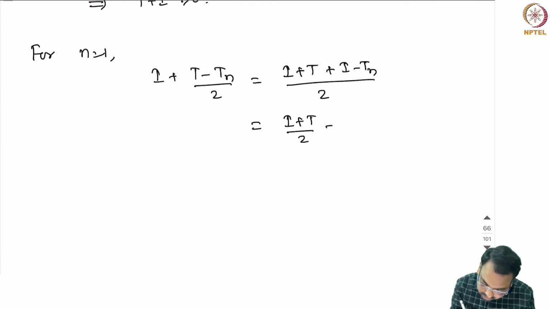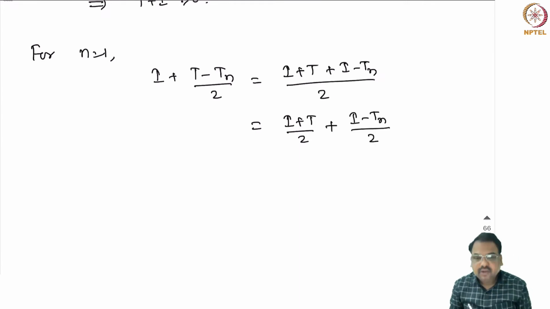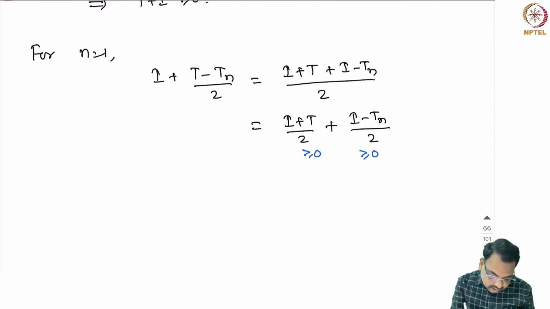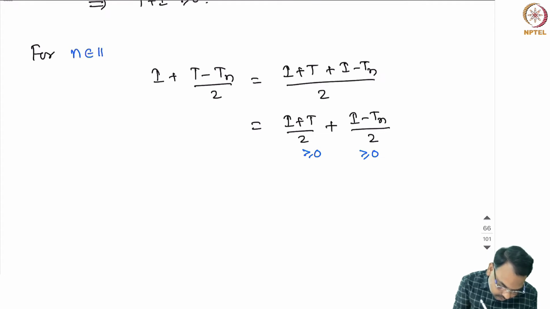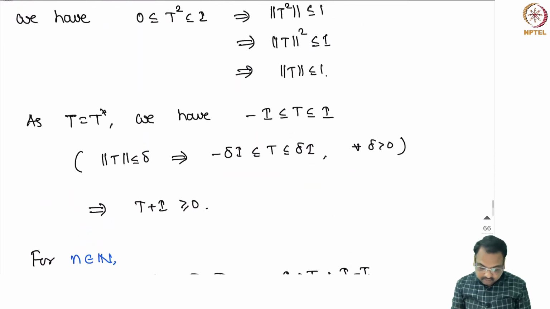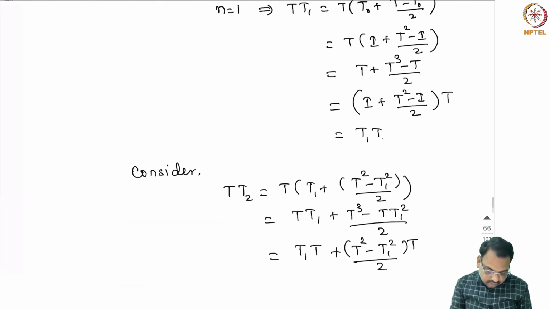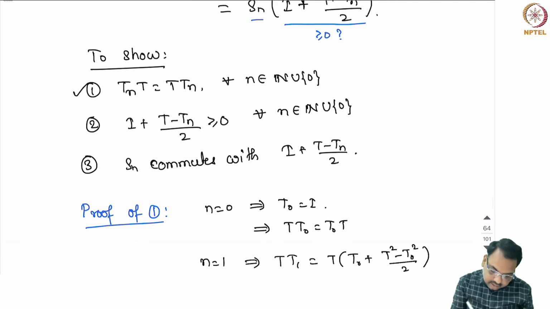This is I plus T by 2 plus I minus Tn by 2. We know that Tn's are between 0 and I. So we know that this is positive and this is also positive. So the sum of two positive operators is positive. So in fact we can show that for n in N, I plus T minus Tn by 2 is positive. So this completes the proof of the second statement.